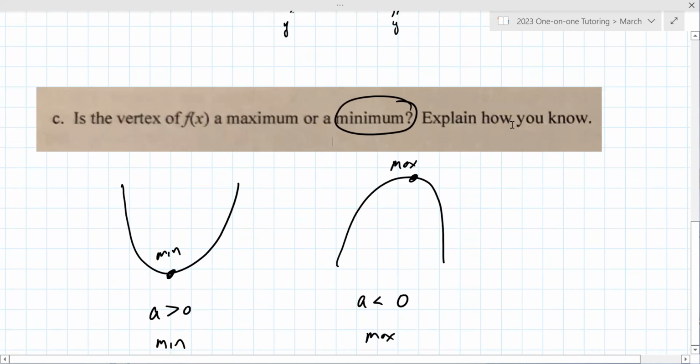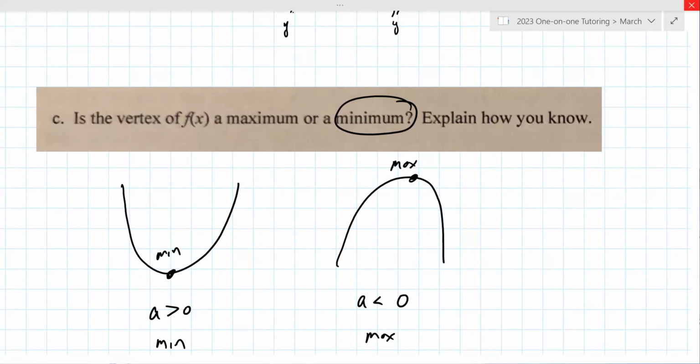So when the instructor said explain how you know, I think drawing a picture is enough, but then you might want to say a few words like since a is greater than 0, it has a minimum because it opens up. That would be sufficient for me. But of course, I'm not grading your problem, so go with whatever you've been seeing in class on that one.